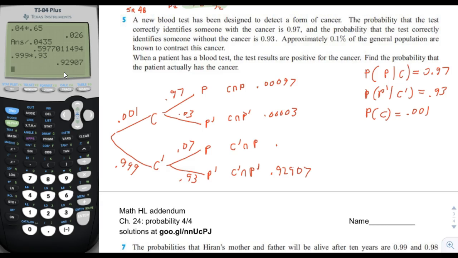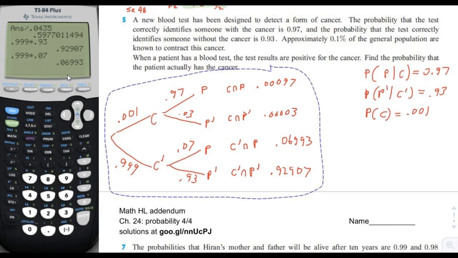What's the probability that they don't have cancer and they accidentally identified it as cancer? Then it would be 0.999 times 0.07. And this is kind of big. 0.06993. Okay.